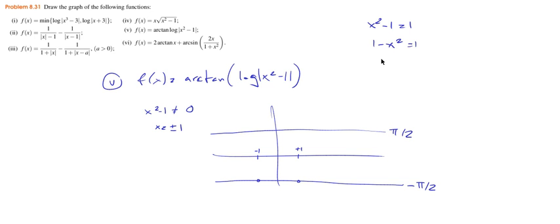So it's either x squared equals 0 or x squared equals 2, which means that x is either 0 or plus minus the square root of 2. So we have 3 roots here, one here, and one here. Again, realize that this function is even, so we just need to check the positive half axis.